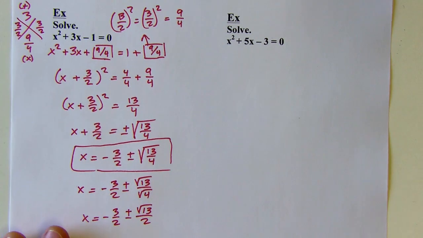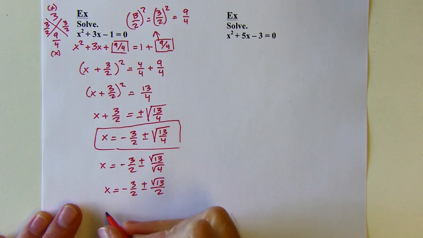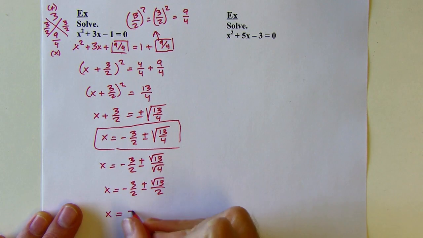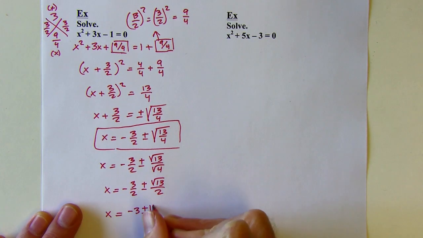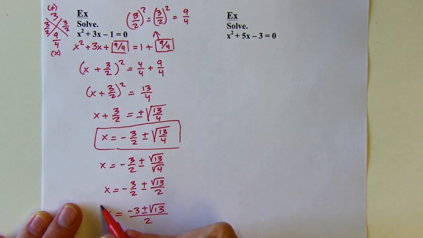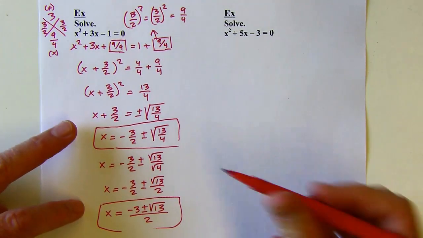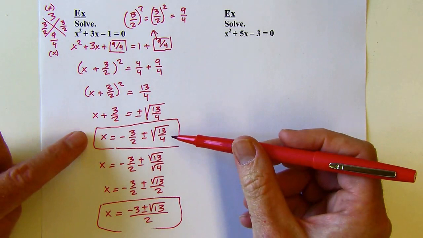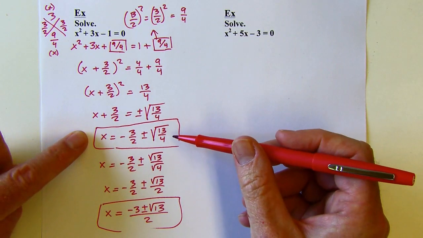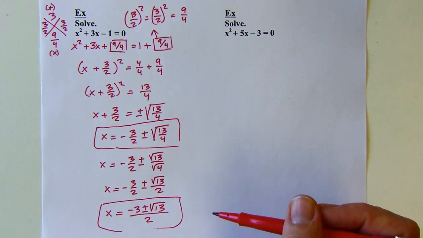And then wait a second, I've got a common denominator. So I can combine this all into one fraction. Like so, okay? So those are equivalent, and we don't really have a radical in the denominator there, so I'm fine with that, but some books like to combine it into one fraction like so, okay?